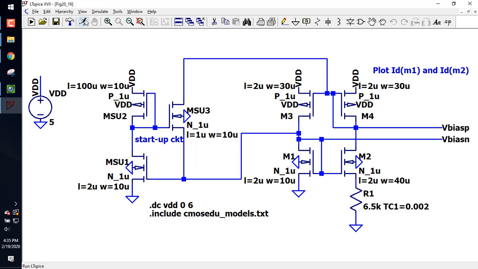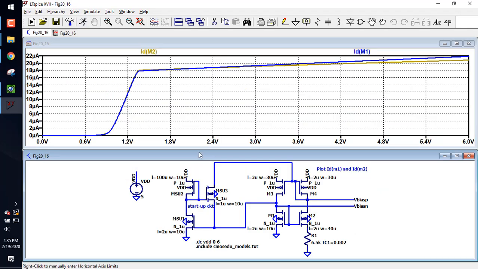Now I'm going to hit run, and note I'm sweeping my VDD, and I estimated 1.4, 1.5, and I go check. And well, first, what ideally does this look like? This is plotting the current in ID1 and ID2. What should it ideally look like?